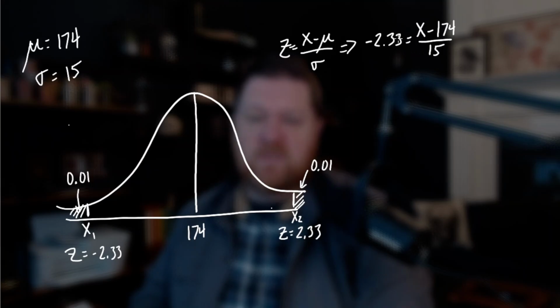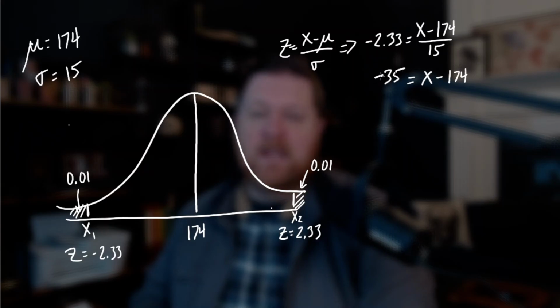So we need to do 15 times negative 2.33. 15 times, we'll call this a third, is going to be 5, right? 15 times 2 is 30, so this should be negative 35. So negative 35 is equal to x minus 174. Now we need to add 174 to both sides.